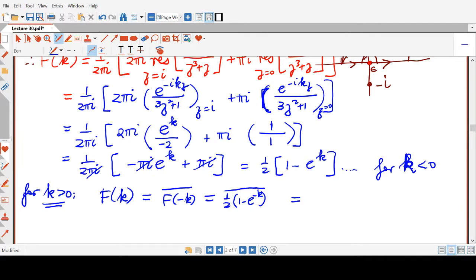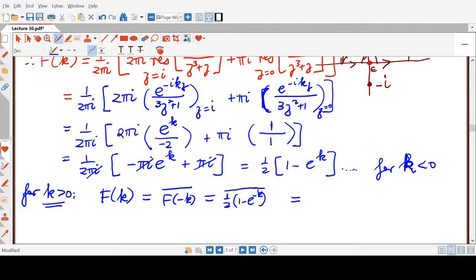Now what's the conjugate of that? What's the conjugate of 1/2 times 1 minus e to the minus k? Anyone? Anybody? Are you thinking it's 1/2 times 1 plus e to the minus k?